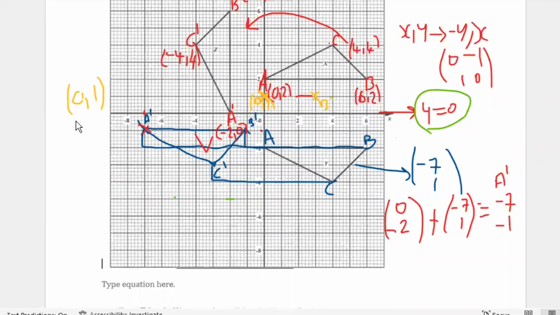So our second point, 3, 1. So for C, we had 4, 4. So what would be our enlarged coordinates for C? Very good. 2, 2. So it would be 2 from our x-axis, 2 from our y. And this would be our new enlarged image.